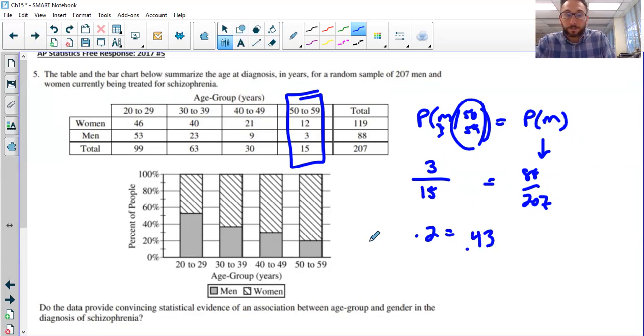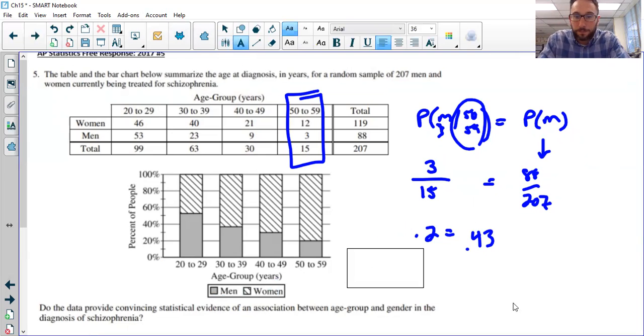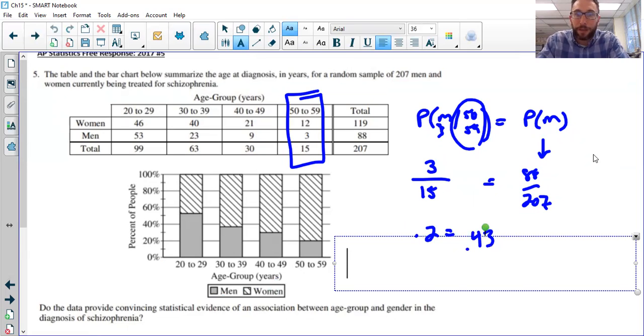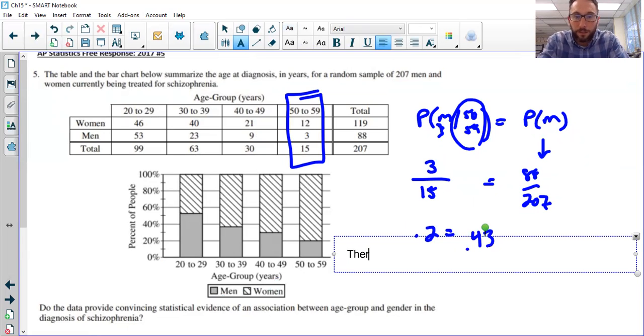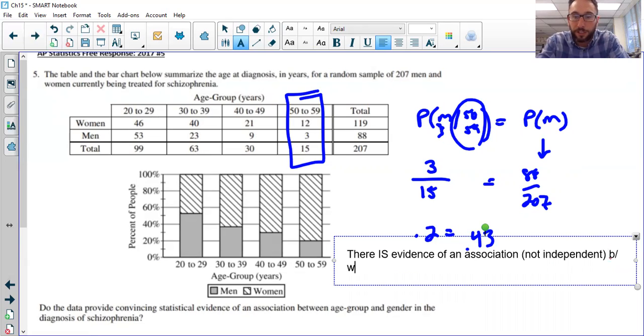So here, let's write it up this time. So this time I might say, there is evidence of an association, not independent. You don't have to use the word independent. I'm just doing that because, you know, tying in the independence vocab. But there is evidence of an association between age group and gender in the diagnosis of schizophrenia.